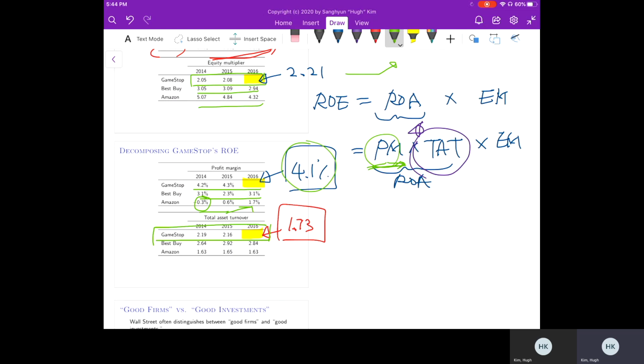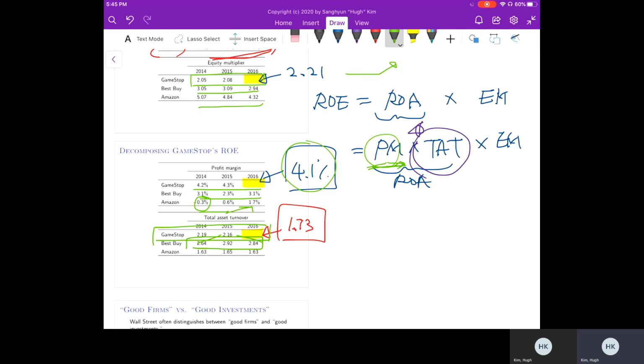And we compare this to Best Buy and Amazon. Things have improved quite a bit. For Best Buy, turnover was 2.6, 2.9, and then 2.4.